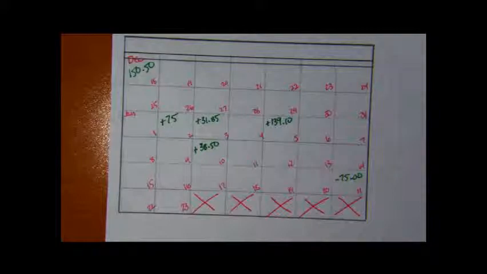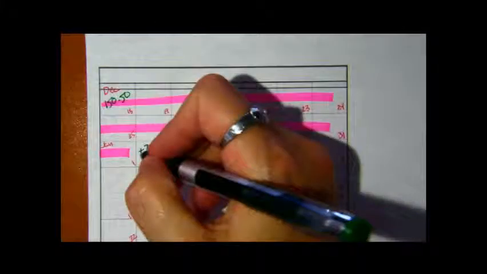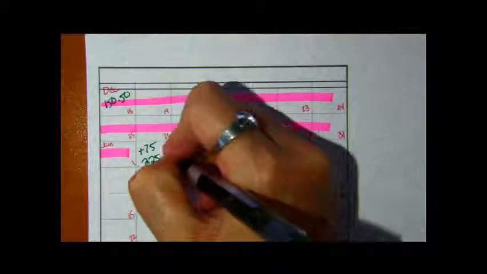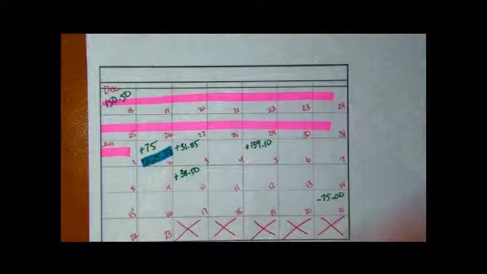Okay, so she's at 150.50 until she makes this transaction. So all of these days are going to be at 150.50. Then she charges $75. And that brings her up to 225.50. But she's only 225.50 for that one day.